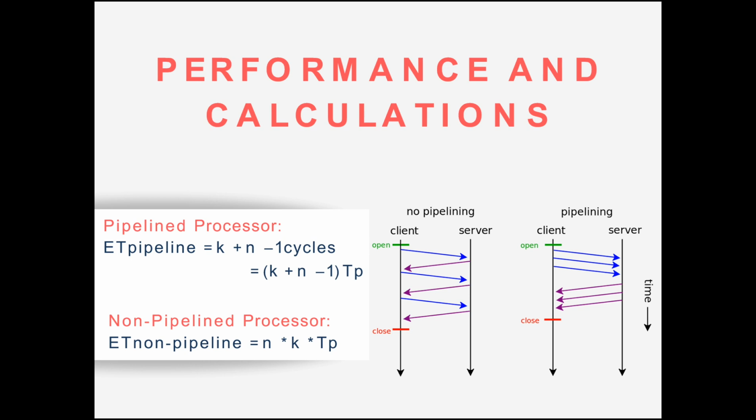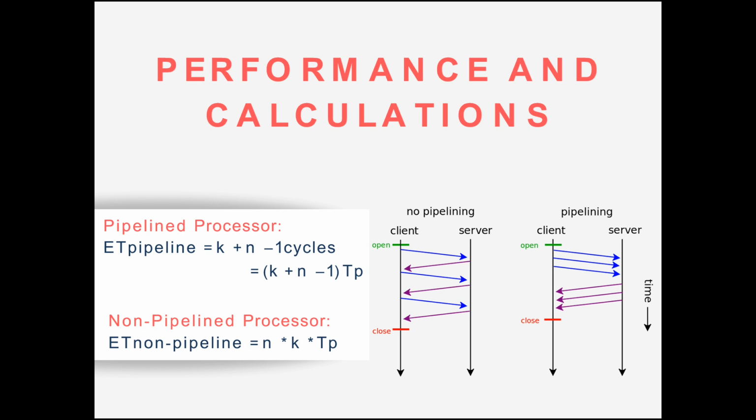Now coming to the performance and the calculations in pipeline. On the right side of the screen, you can see the performance difference between a pipeline and a non-pipeline processor. In a pipeline processor, multiple instructions are executed simultaneously rather than separately, which shows that you don't have to wait for an instruction to complete. Rather, you can get the results at the same time, making the overall time less. On the left side of the screen, you can see the two main formulas of the pipeline and the non-pipeline processor.